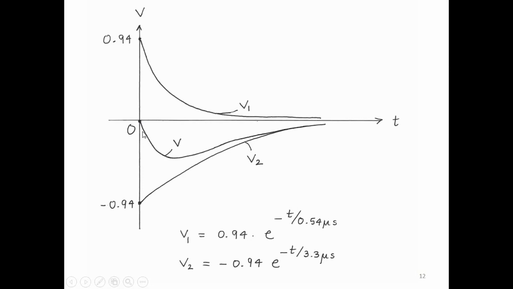But for anything greater than 0, because this time constant is larger, the magnitude of V2 will always be larger than the magnitude of V1. So at any point in time, this magnitude is larger than this magnitude. So this minus this will always be negative. That's the second thing we notice.